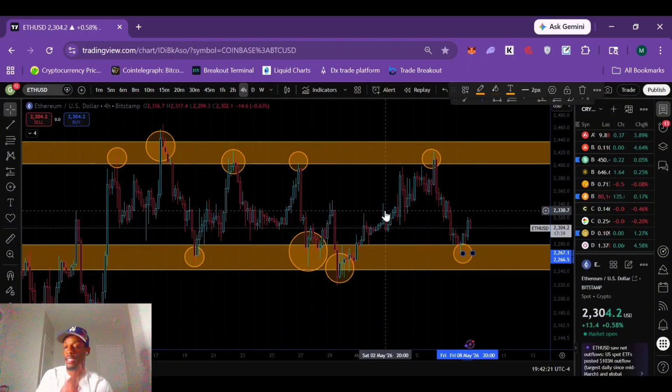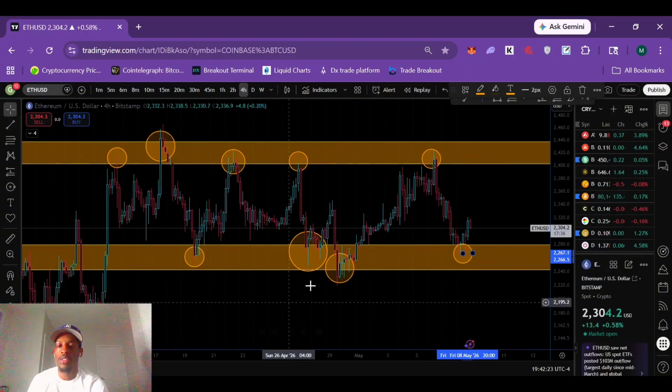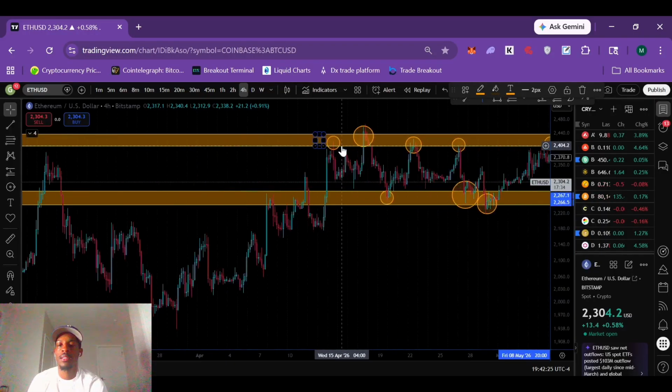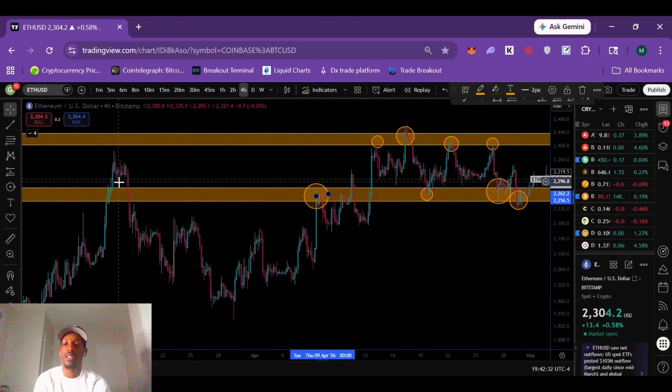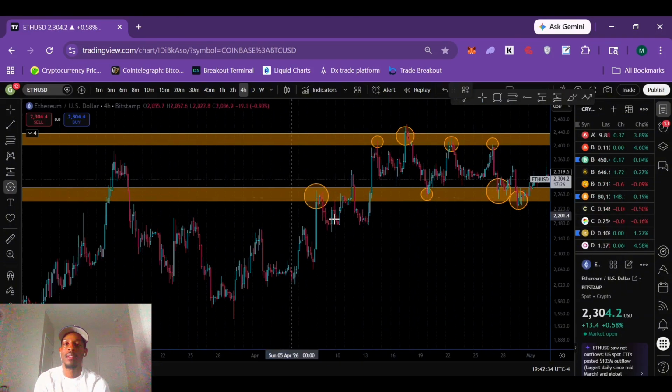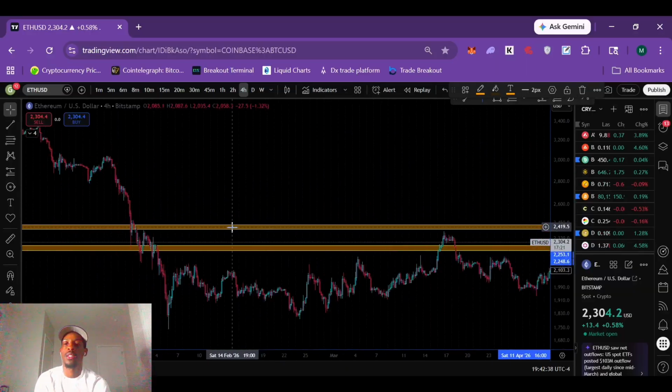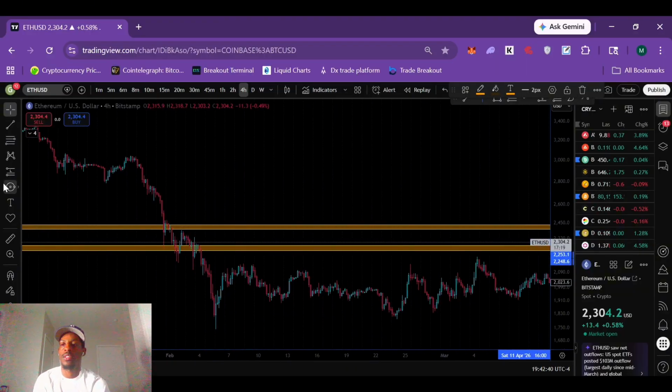And so this is an example of support, resistance, right? But then you can look to the left and see how this support was a resistance prior, right? So a lot of these levels are going to be reused. You can see how it's even used over here, right?